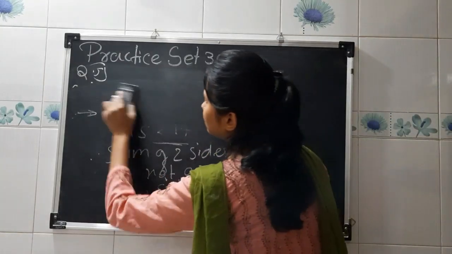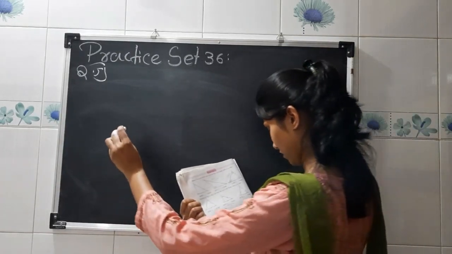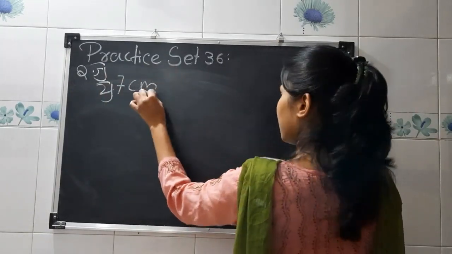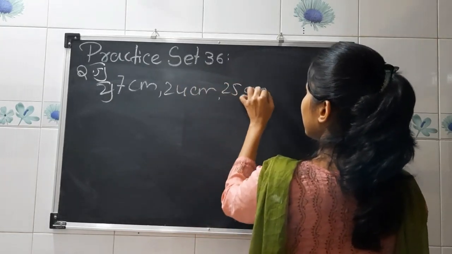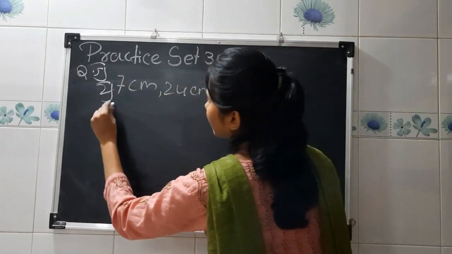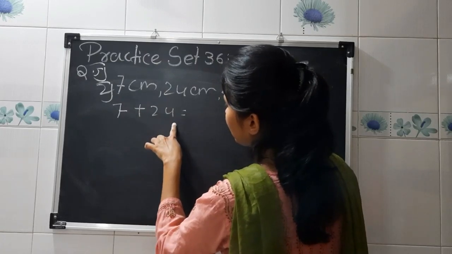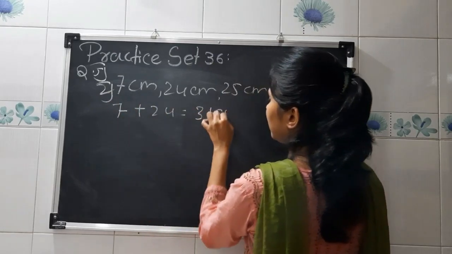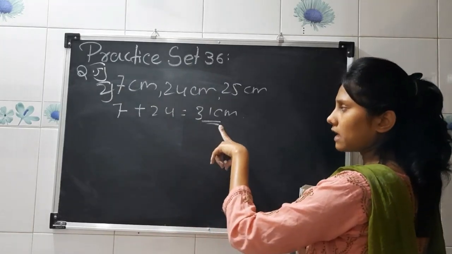Next, the second one, 7 centimeter, 24 centimeter and 25 centimeter. So 7 plus 24, 31 centimeter. 7 centimeter plus 24 centimeter, we will get 31 centimeter.